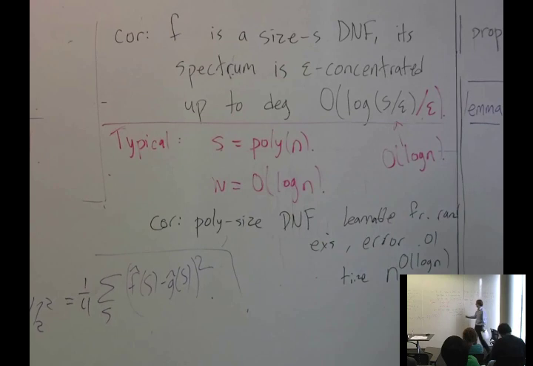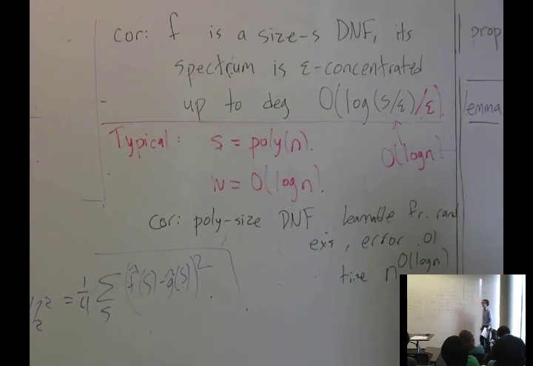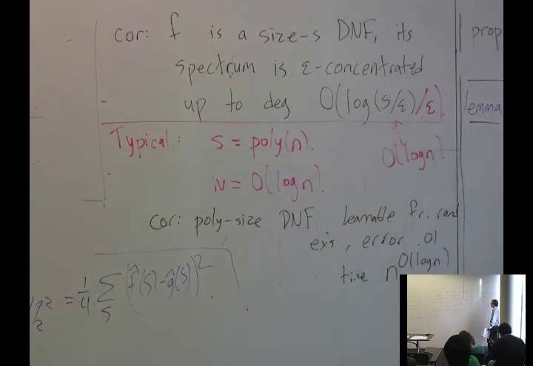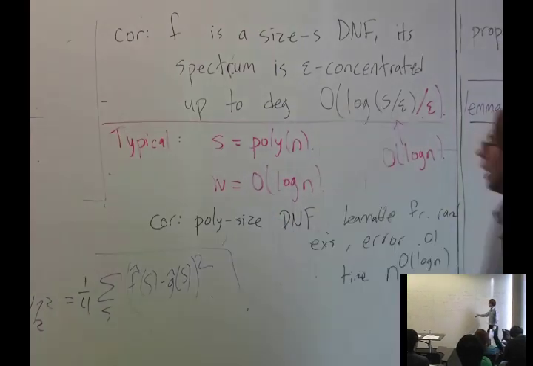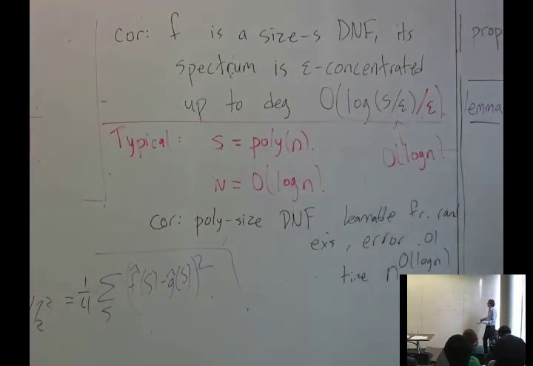And this is actually the best running time known for this class. It would be great to do this in polynomial time, but it seems hard. I think it's actually not possible. But you can do it in quasi-polynomial time, which is kind of OK.